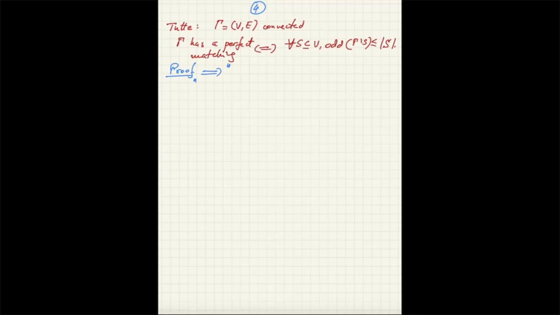So this implication states that if the graph has a perfect matching, then this strange looking condition happens. So assume that gamma has a perfect matching.